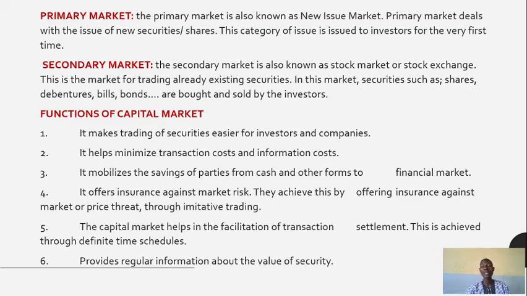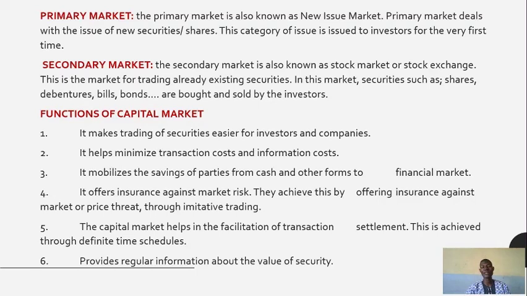In our previous class, we listed examples of companies, and we said we have the following: Dangote Cement PLC, Dangote Sugar Refinery PLC, Nestle PLC, Cadbury PLC, and others. The list there are many. Number two, it helps minimize transaction costs and information costs.